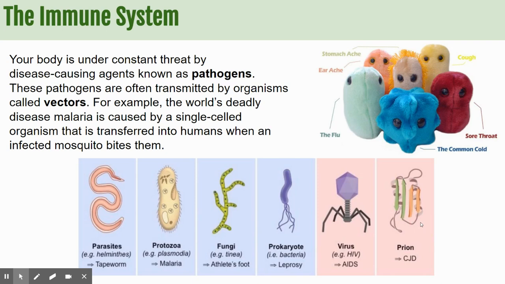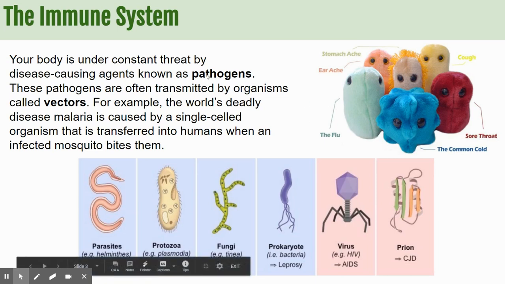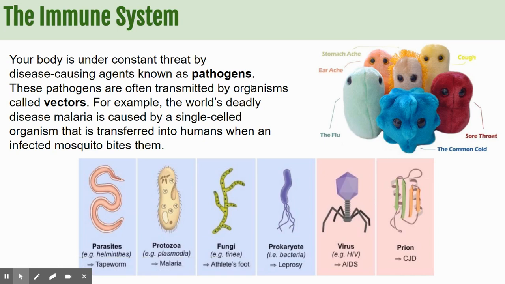The immune system. Your body is constantly under threat of diseases trying to get into your body. These disease agents are known as pathogens. There are a lot of different kinds of pathogens, and they can be transmitted by different organisms or vectors.